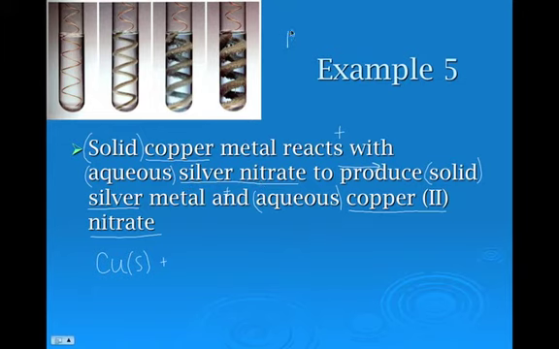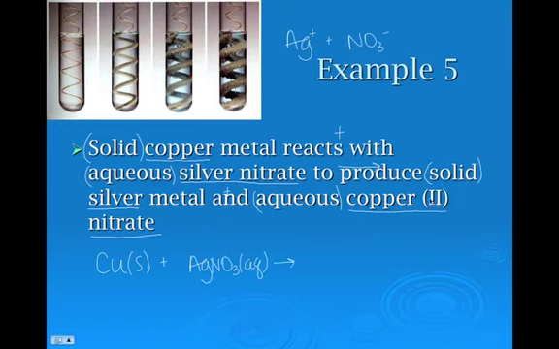Well, the formula for silver nitrate, silver is always a +1 when it's in its ionic form, and nitrate is a polyatomic ion with a -1 charge, so these two guys just naturally go together. AgNO3 aqueous.